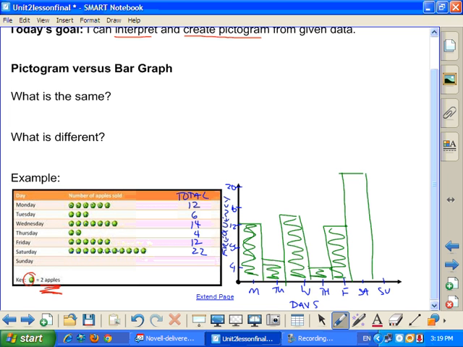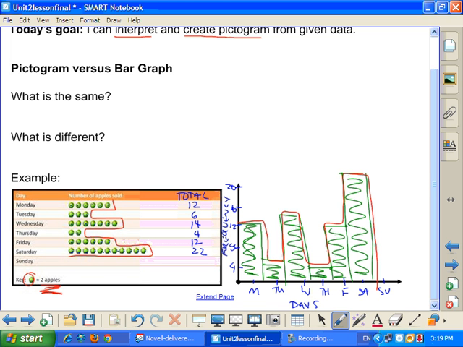It provides the exact same information. In fact, if we turned it sideways, it's the exact same shape that I'm going to trace over here. It's just on its side instead. So the answer is they're exactly the same. The reason people like pictograms is that they seem more comfortable with them.